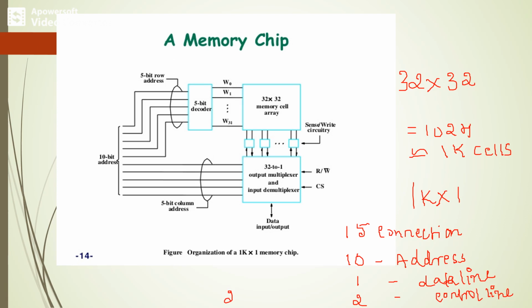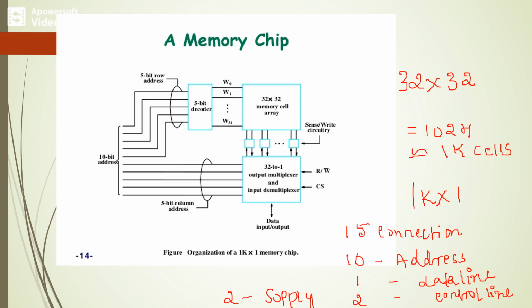So in the case of the 1K into 1 arrangement, we have a total of 15 connections.